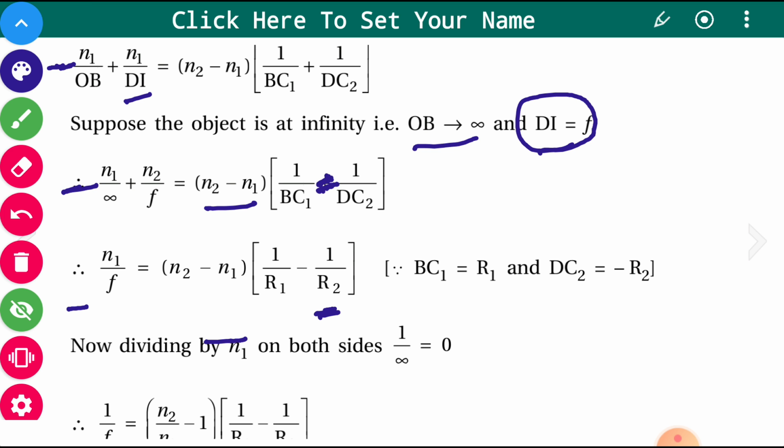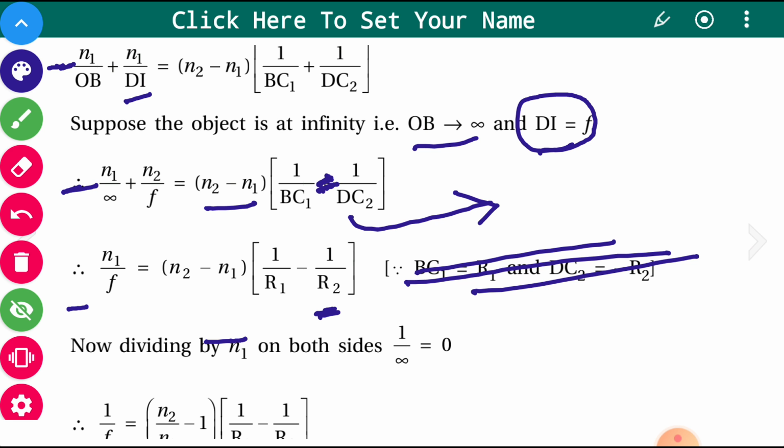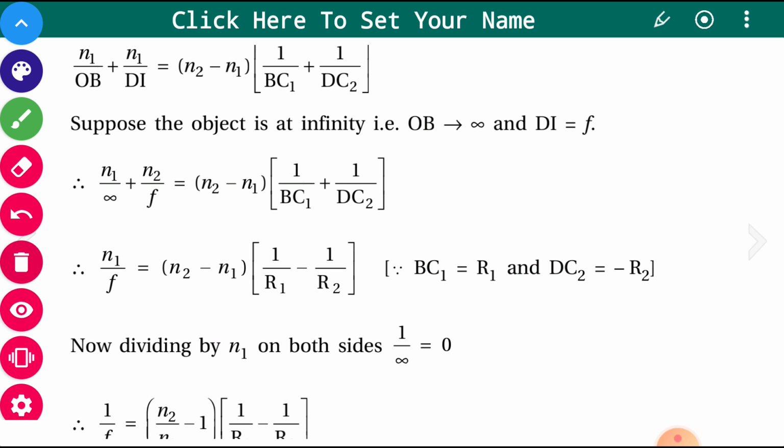Okay, sign conventions are always taken already into consideration, so now no need to write the negative sign instead of dc2. Earlier also I have explained this. We are taking it into consideration, so at the time of placing the notations v, u and r, we will not place their signs. So you will have this 1 upon infinity, so it becomes 0.